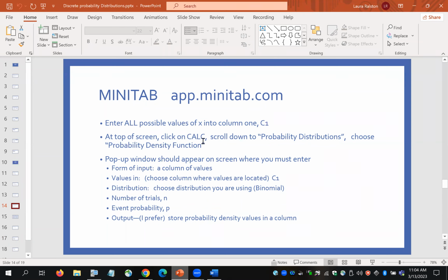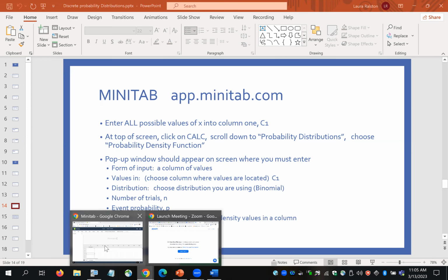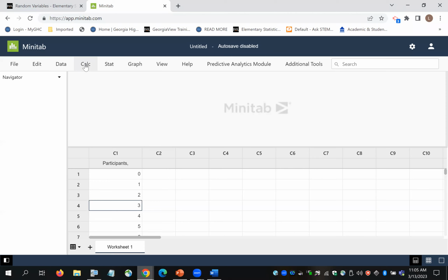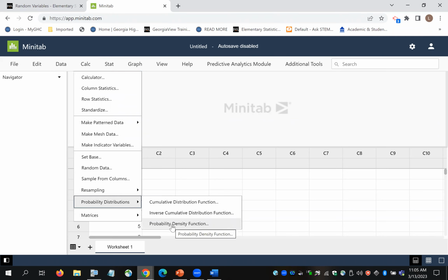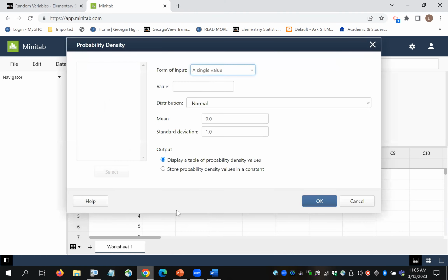Then we're going to go to calculate because I want it to calculate a probability distribution, and we have to choose the correct one. So I've got my column entered. We're going to go to calculate, probability distribution. We're doing a probability density function. We're going to input a column of values so that it does all of the values at one time.